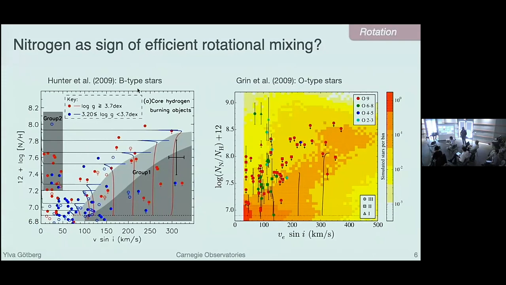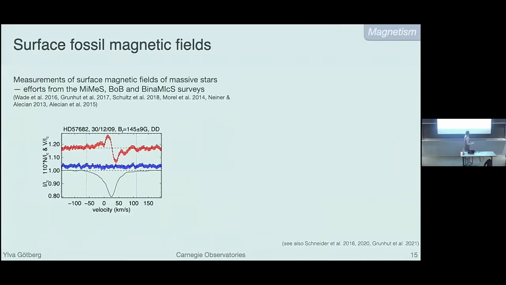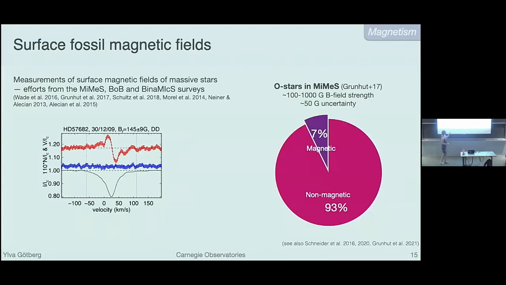Good question. So you can probably measure magnetic fields down to 100-ish Gauss. So it could be that the other stars have a lower magnetic field strength, or maybe it was harder because some errors are larger than that.